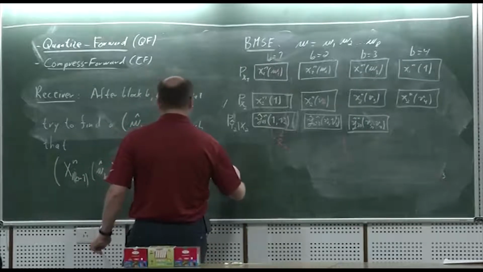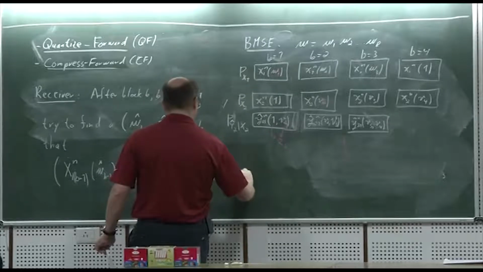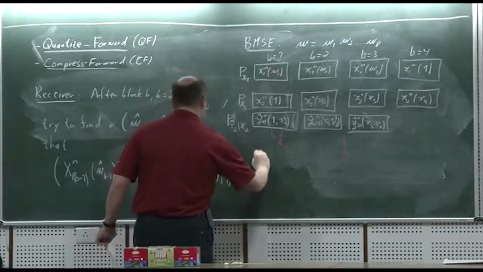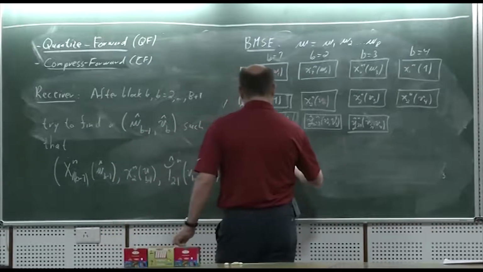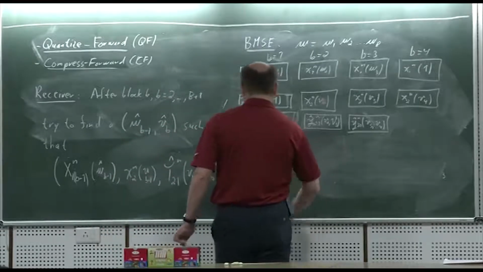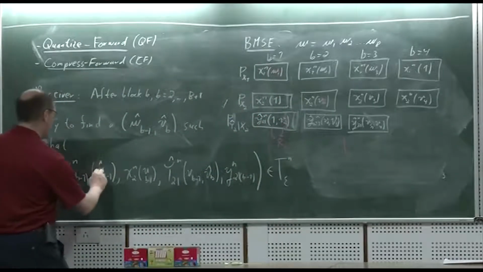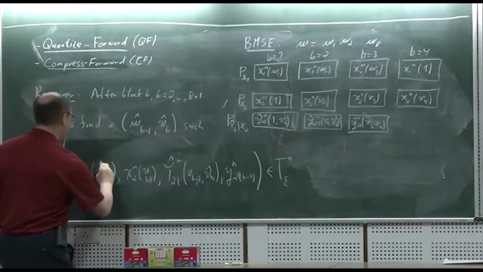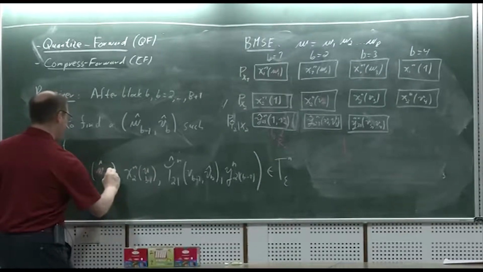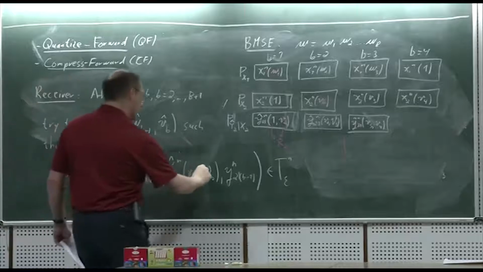And of course Y2N in block B minus 1 is jointly typical. Okay, I won't bother to write all the distributions, but the important thing is these are the ones we're looking for, right? The W B minus 1 hat, and here the V B hat.